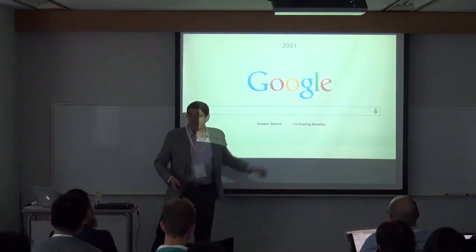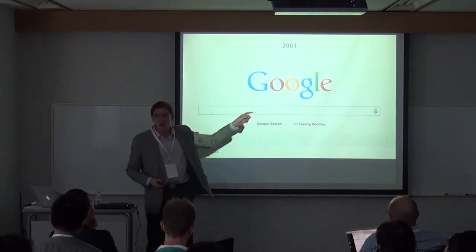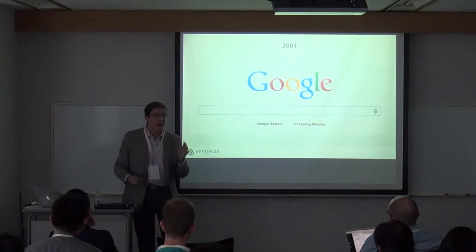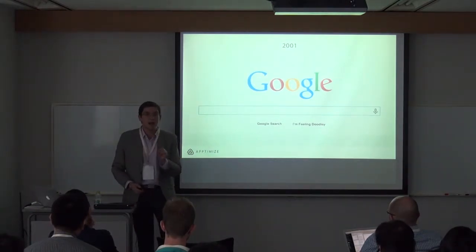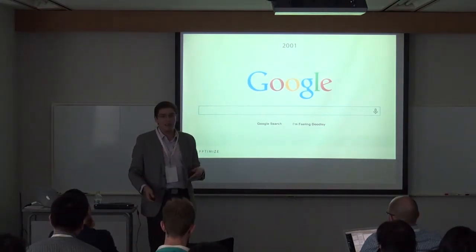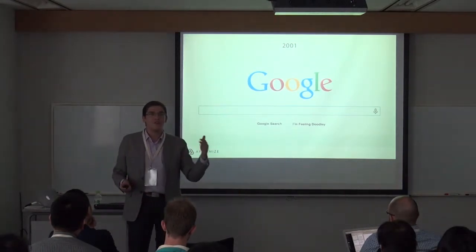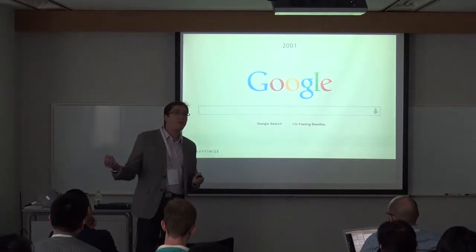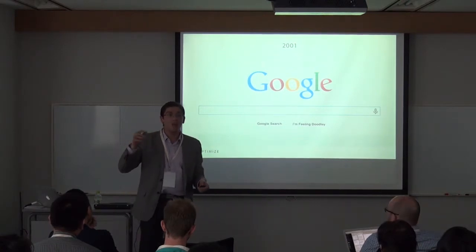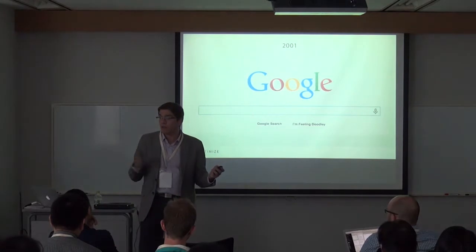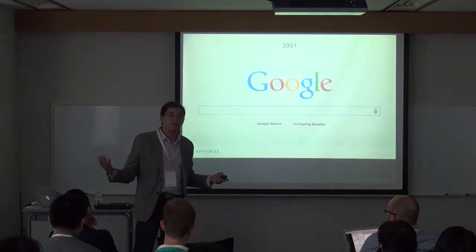From "I'm Feeling Lucky," which has been changing, to the logo, to the position of the search screen, to how many advertisements you will find. Every single thing has been optimized to get maximum response. And I've actually had the pleasure a few years ago to even collaborate with Google on some more advanced issues, such as when people click on an advertisement online, will they then go to a store and actually buy the item? Every single thing can be put to an A/B test to be approved.